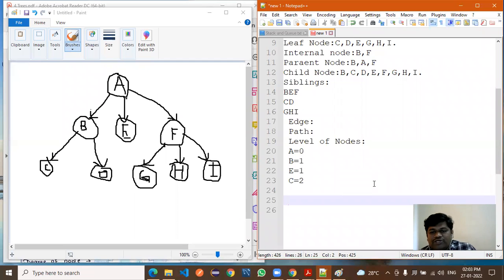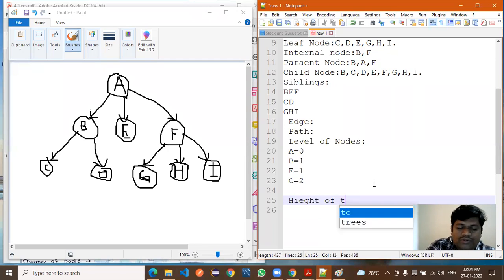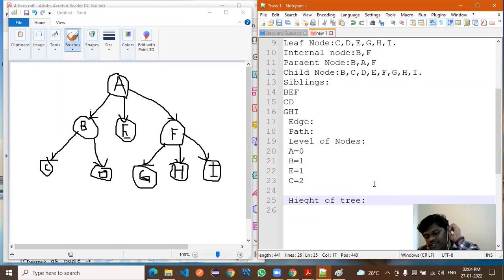Next, height of the tree. So what is the height of the tree? 3.